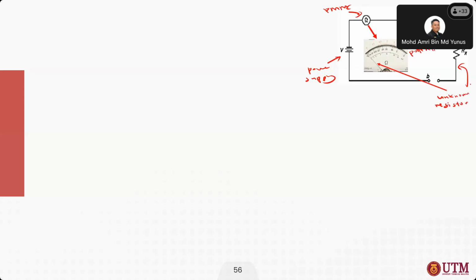We don't know the resistor that we want to connect in between terminals A and B, and all of these are connected in series.